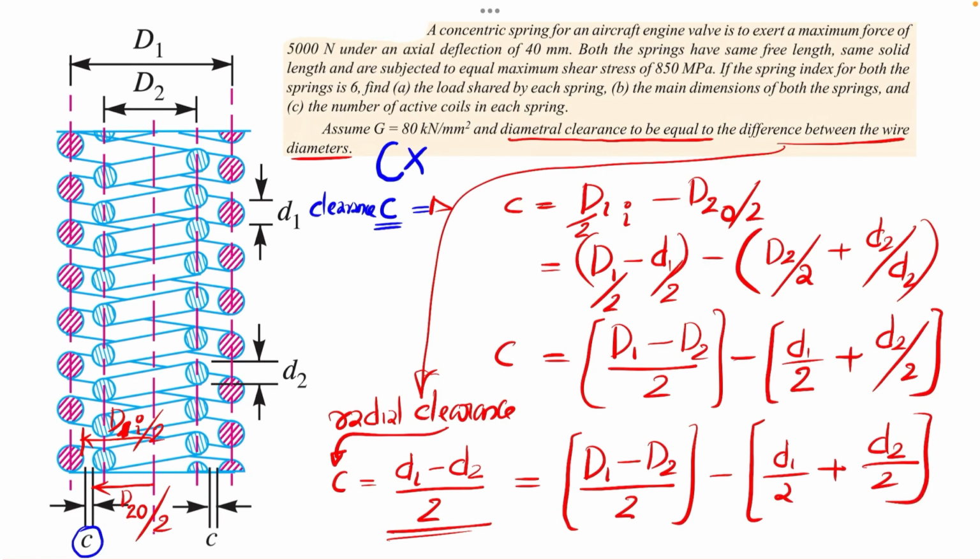So if you are simplifying, you will be getting an expression for d1 minus d2 by 2, because here this minus D1 by 2 will be coming onto this side, then it will be getting added with this D1 by 2, and this minus D2 by 2 will be coming and added with the D2 by 2, so that term will be getting cancelled.